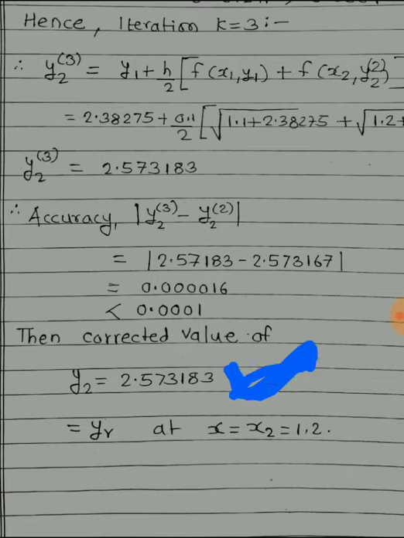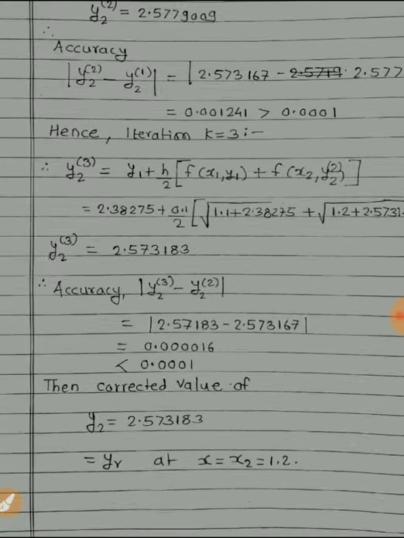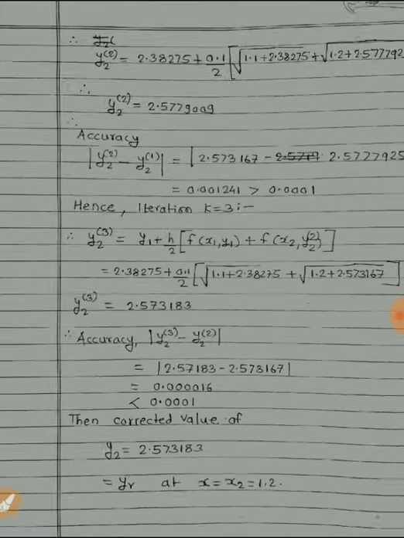See friends, this was a heavy problem where there are n number of iterations. The iterations for prediction were only 2, but for correction every time you have taken 3 iterations. So in total 6 iterations we have performed for correction and 2 iterations for prediction. So this problem is lengthy. I have taken this lengthy problem so that you will understand the easier problems on your own.